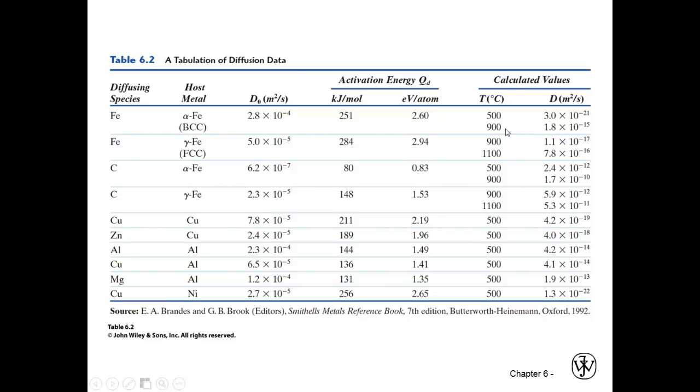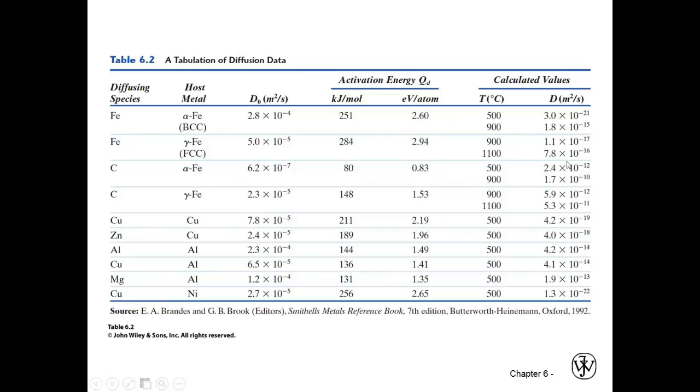Now here we have carbon into iron and carbon into iron, and notice how our pre-exponential has changed significantly compared to what we have up here, and our diffusion coefficient is very different for carbon into iron than iron into iron.